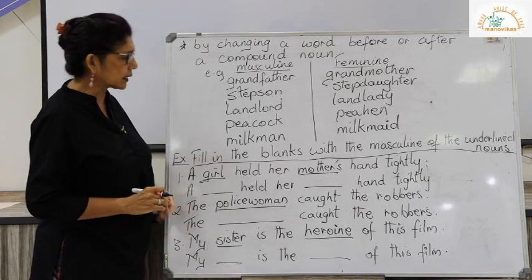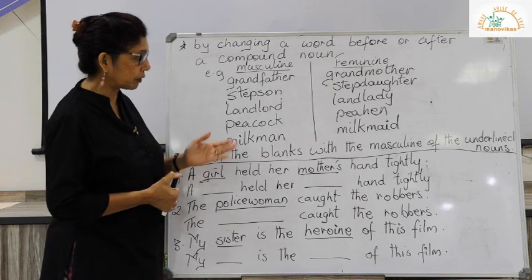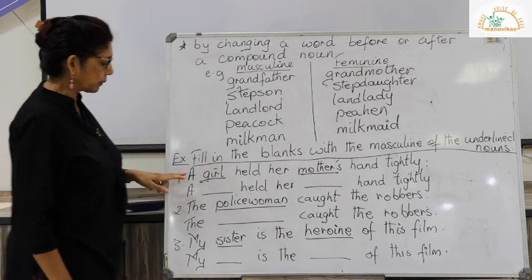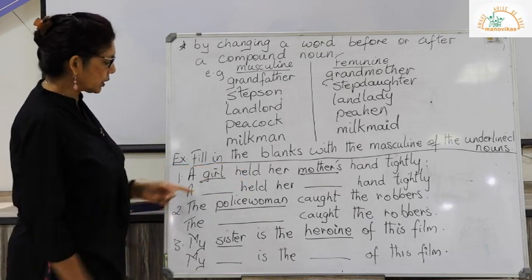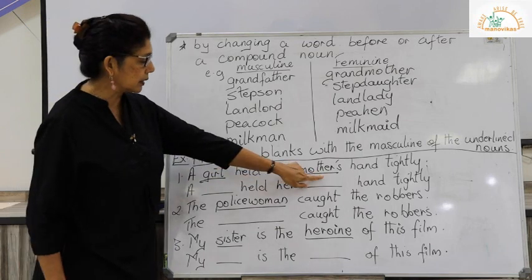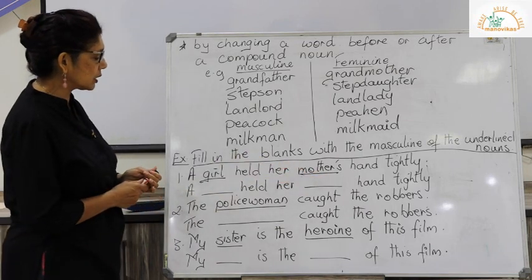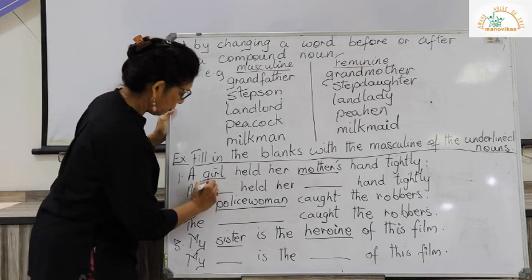Now we'll do a small exercise to change the word from feminine to masculine. The girl held her mother's hand tightly. Which are the two feminine nouns here? Girl and mother. So girl will change to boy.